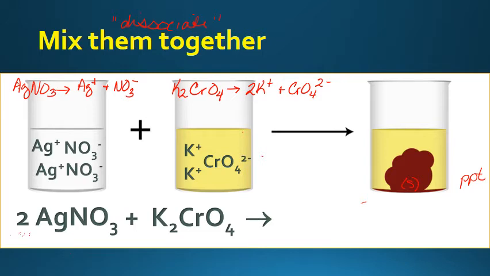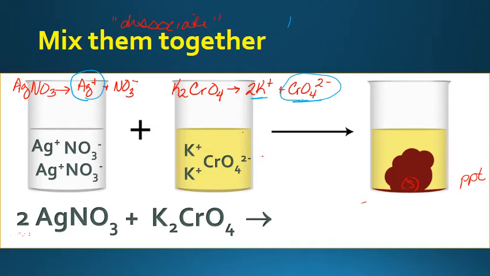Well, we started off with silver, and we know silver's somewhere over here on the product side because you can't make ions disappear. So who is the silver going to hook up with? The silver dissociated from nitrate. It totally broke up with nitrate, didn't like it anymore. So who's it going to hook up with? Potassium? Or is it going to hook up with chromate? Well, if you said chromate, you are right.